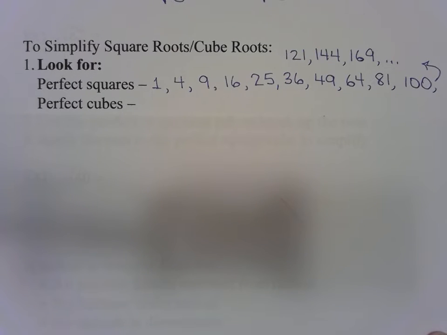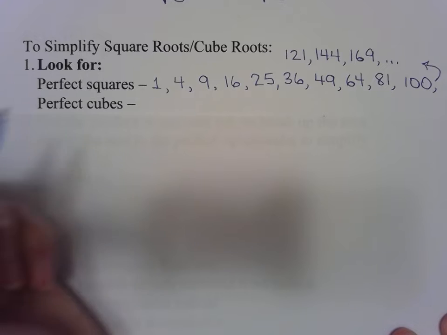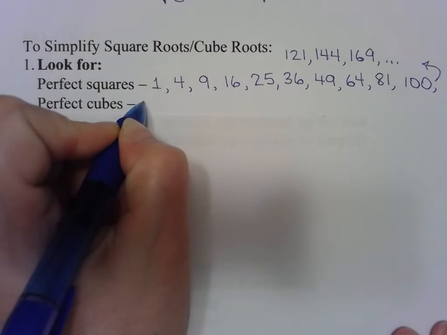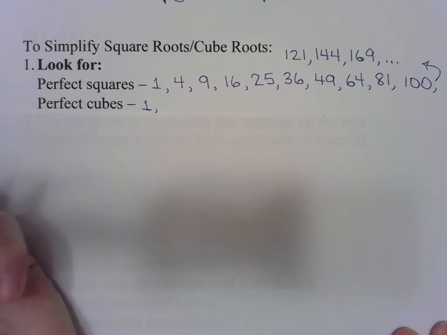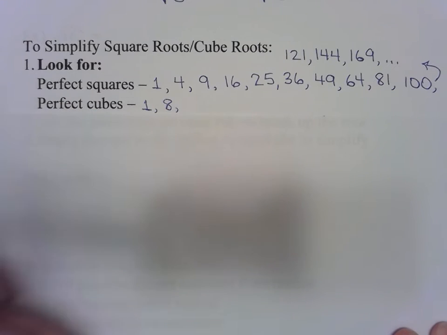All right, so these would be numbers that would be good to identify if we were working with a square root. If we're working with a cube root, a perfect cube would be better to be able to identify. Perfect cubes work the same way, except now we're going to multiply the same number by itself 3 times. So 1 times 1 times 1 would be 1. 2 times 2 times 2 would be 8.